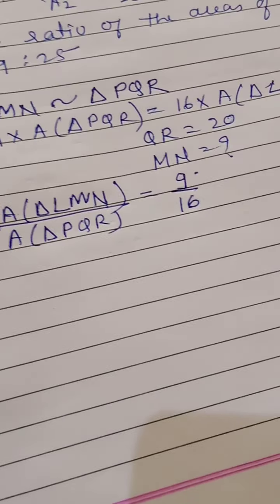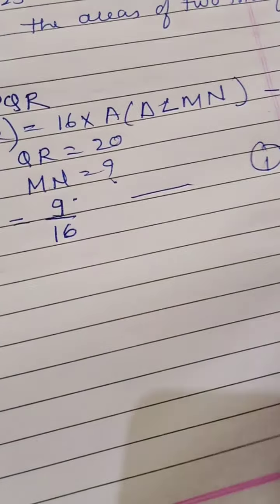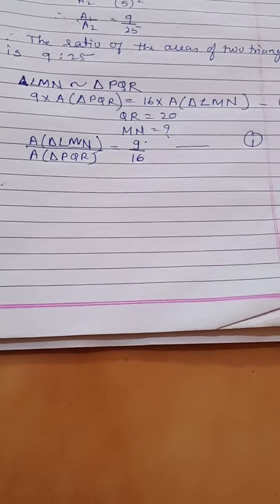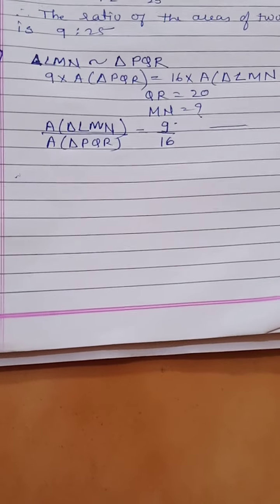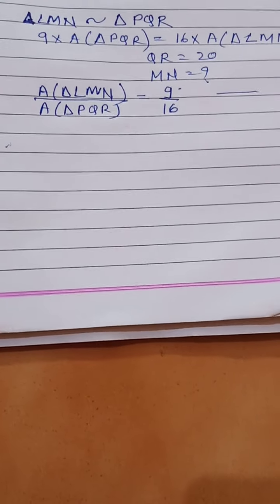Now it is given, so we'll write this as equation 1. This is given: area of triangle LMN upon area of triangle PQR, its ratio is given as 9 upon 16.